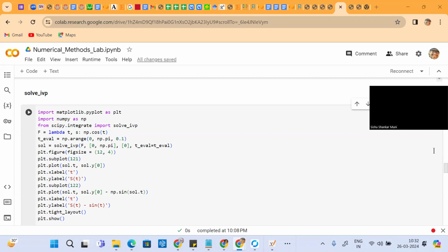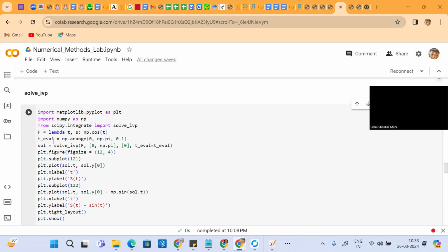But we will solve this easy problem using solve IVP, just to see. As you can see, again the same things. You're taking that from scipy.integrate, import solve_ivp. Then you're defining the lambda function np.cos of t, the right hand side of dy by dt.